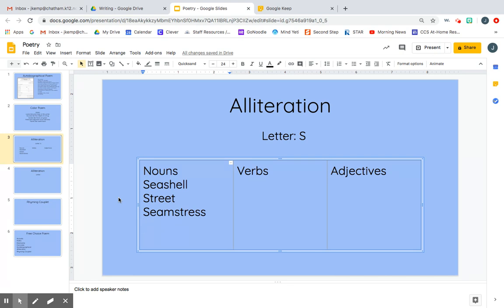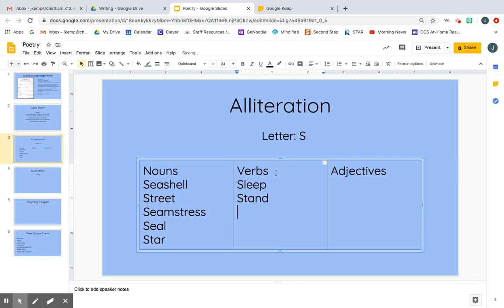Let's see. Seal is a noun, because that's an animal. And a star is a noun. Now let's go ahead to verbs. Verbs are actions, things that you can do. Sleep is a verb.